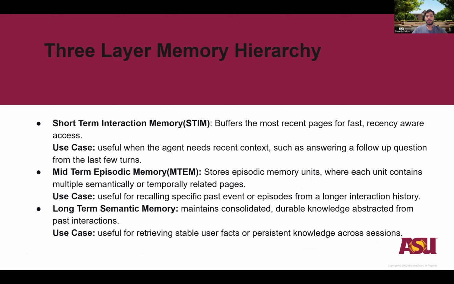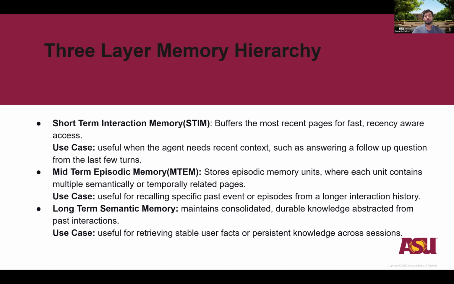The three-layer memory hierarchy begins with short-term interaction memory. This is a cache-type memory where the LLM agent buffers the most recent pages for faster access, and it is useful when the agent needs recent context, such as answering a follow-up question from the last few turns. Then we have mid-term episodic memory, which stores episodic memory units where each unit contains multiple semantically or temporally related pages.